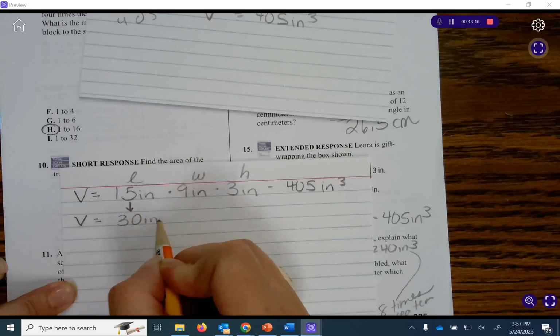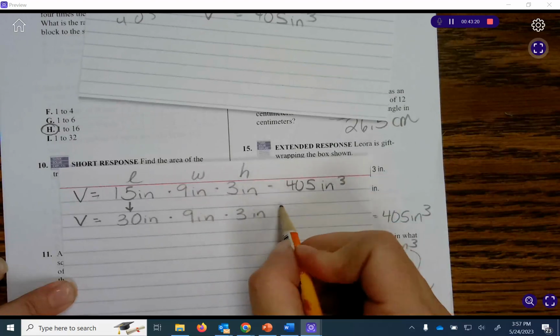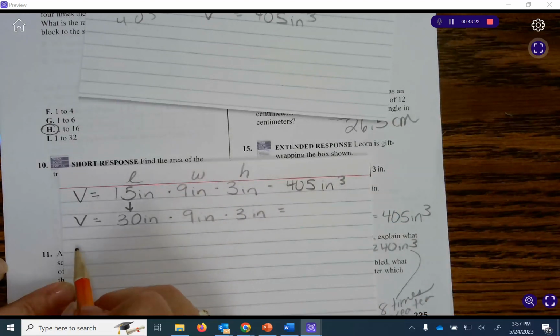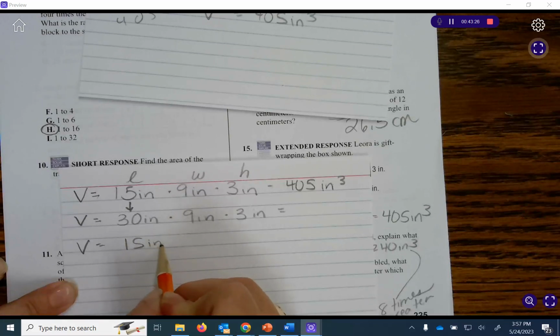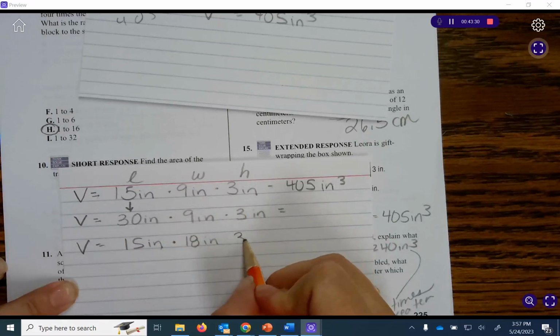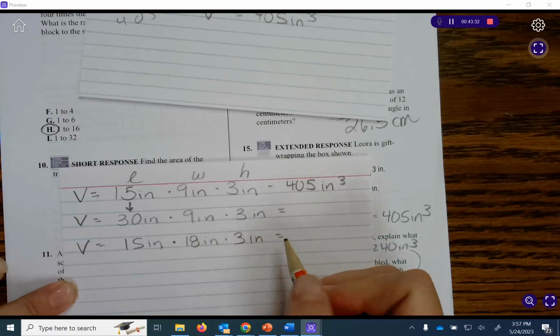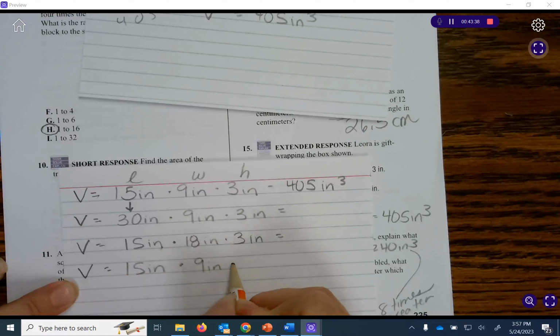30 inches times 9 inches times 3 inches. And then this time, let's double the width. So it'll be 15 inches times 18 inches times 3 inches. And the last time, let's do 15 inches times 9 inches times 6 inches.